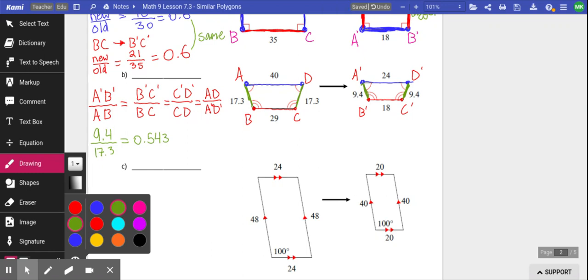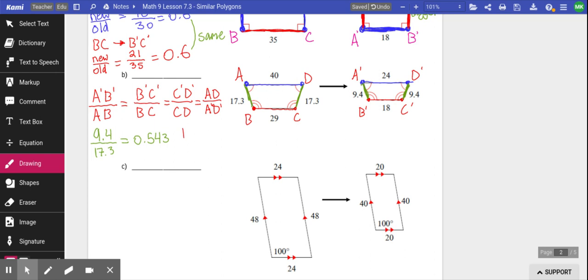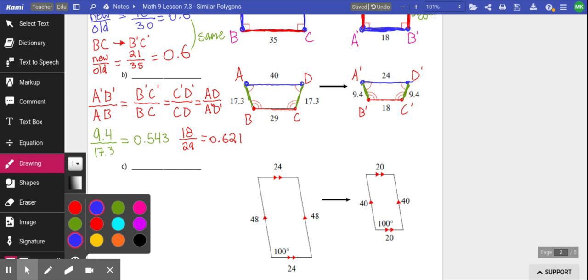If I do another side length, so let's do 18. I'll do this one in red because the bottom side is in red. So the bottom, the new one is 18, the old one is 29. If I put that in my calculator, 18 divided by 29 equals 0.621. And you will notice that these scale factors are not the same.